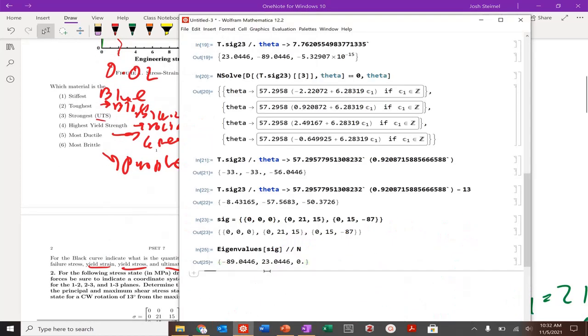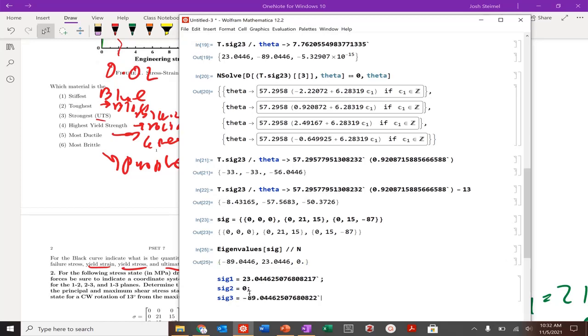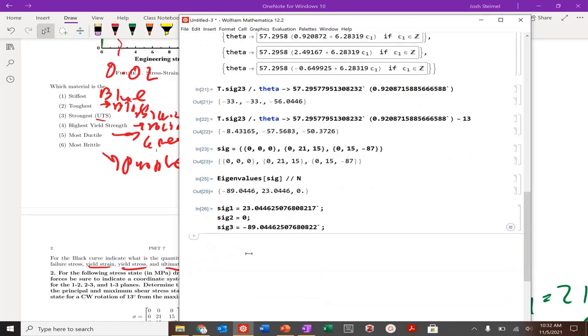So we found that sigma 1 was this. Our sigma 2 was 0, and our sigma 3 was this. So with that being said, my Rankine criteria is saying that if my sigma y, and I need to multiply all these, because these are all in MPa, times 10 to the 6.